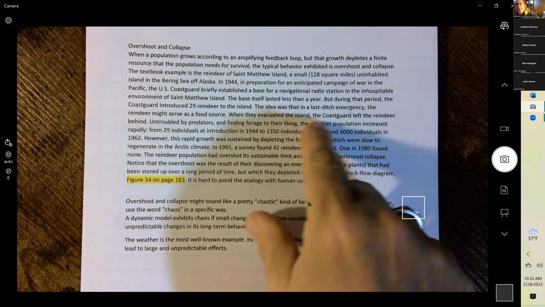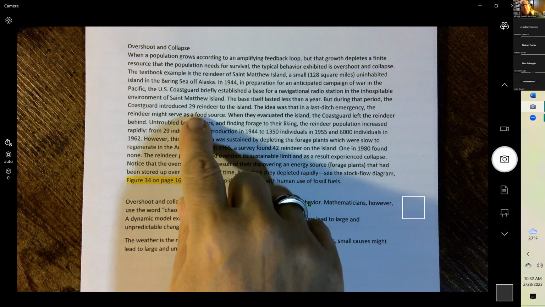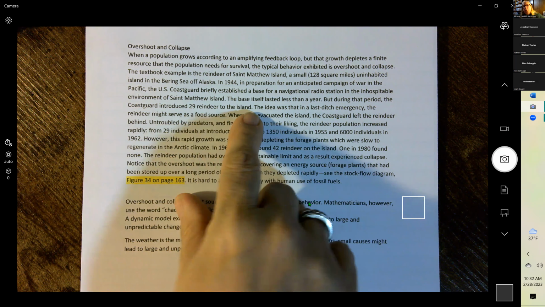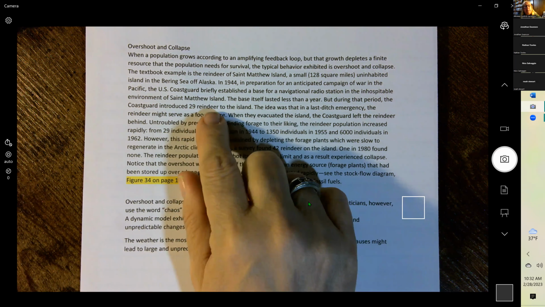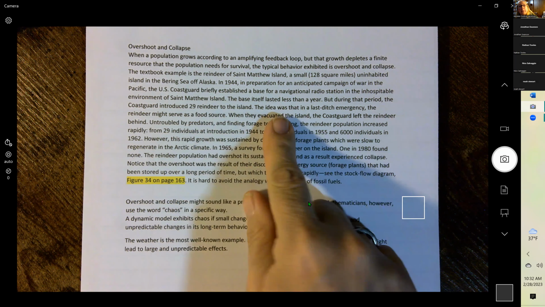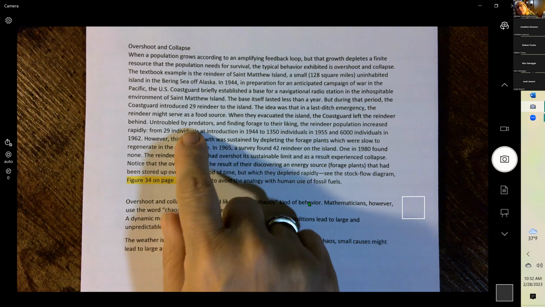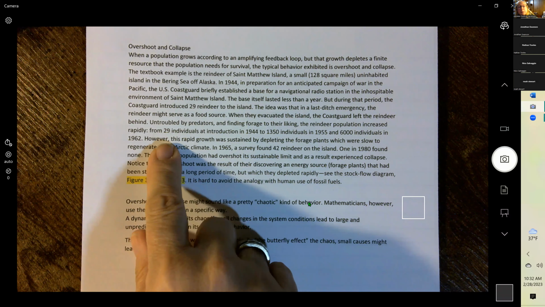And what they did was they brought 29 reindeer to the island, which were never on that island. They introduced an animal because they thought if there was war, they'd have these reindeer to eat if they needed for some reason. And there were no predators because these were never on the island before.